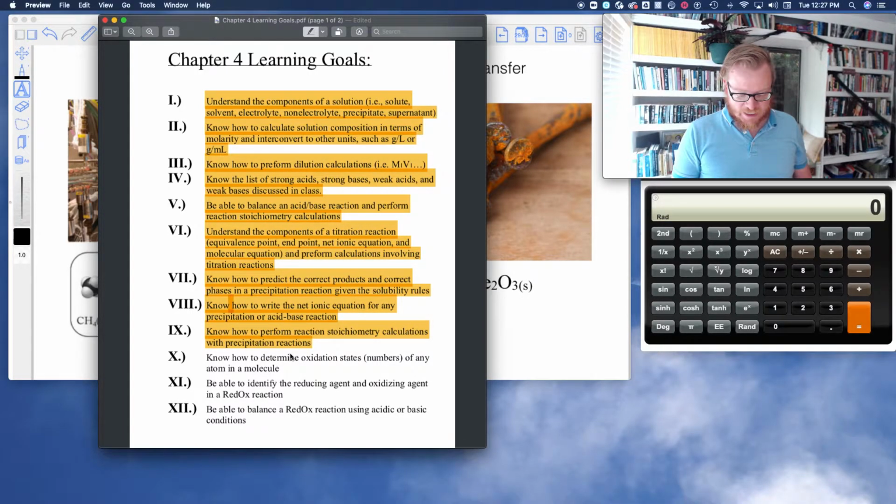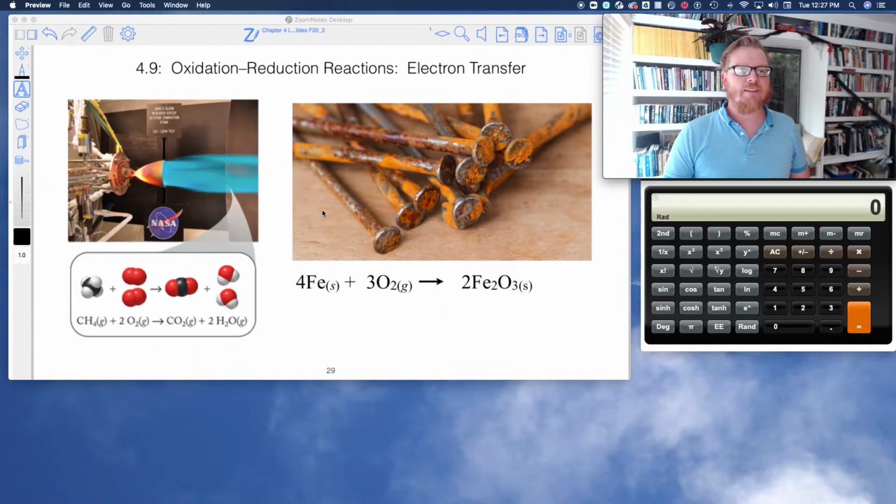So that negates the need for molar mass, but still pay attention to that, okay? And in this very last video, I'll be describing these last three learning goals, all around oxidation and reduction reactions. Okay, let's do it.